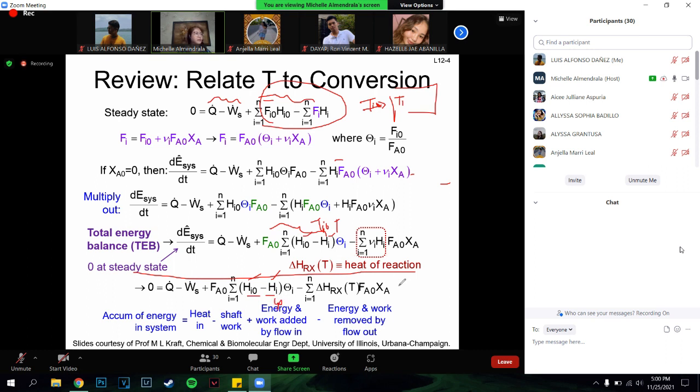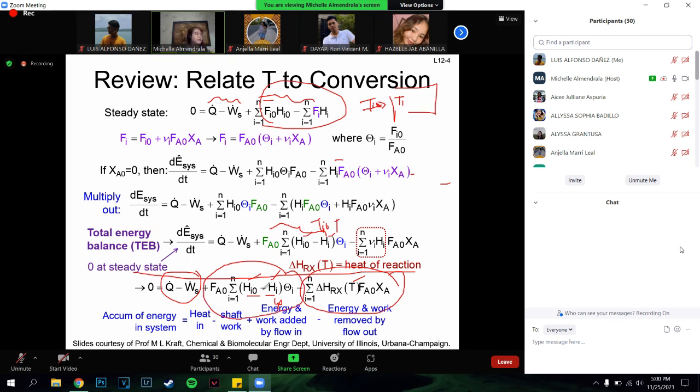So you see the overall enthalpy for the reaction at temperature T. So this is the surrounding, and this is the energy of the system. The reactant entering the reactor, changing its temperature or phase, and this is the enthalpy of the reaction, heat of the reaction.